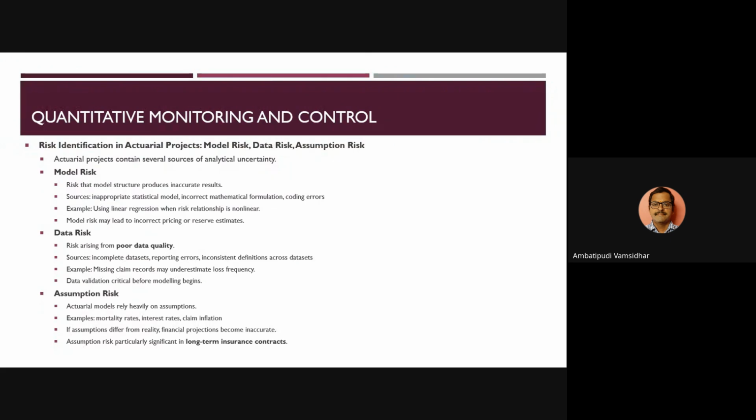Then the other quantitative monitoring element is in terms of risk identification, right? So, three major risks. One is the model risk, we talked about it. I created a model, I used it on my data.